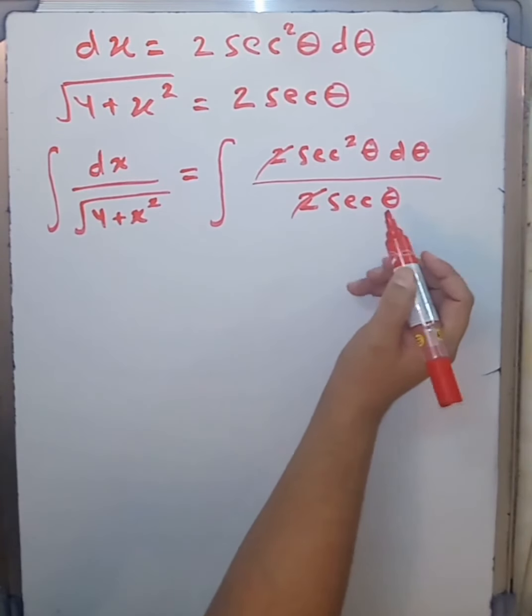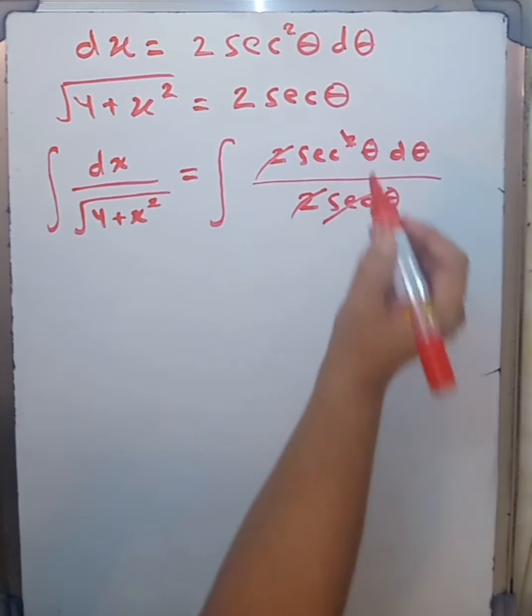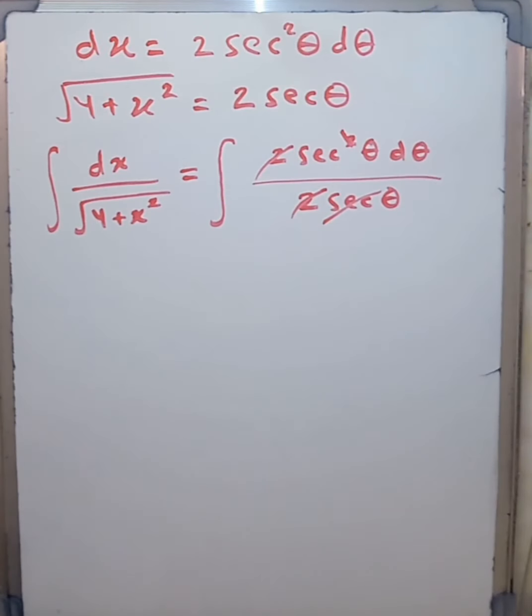Denominator is secant theta, in the numerator we have secant square theta, so secant theta will cancel 1 secant theta and 1 secant theta remains.